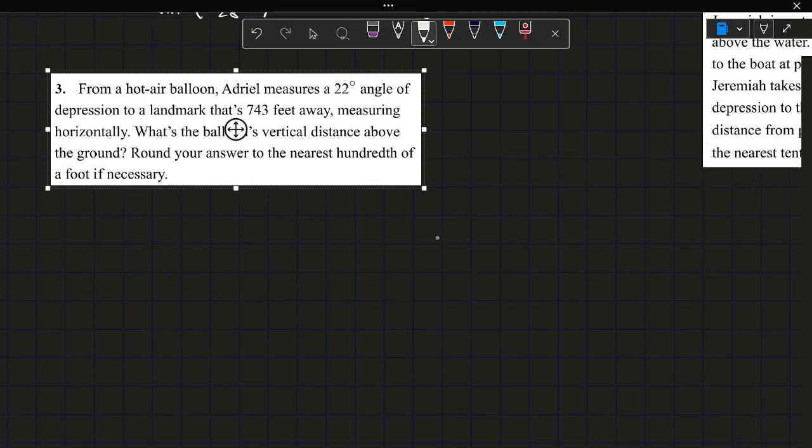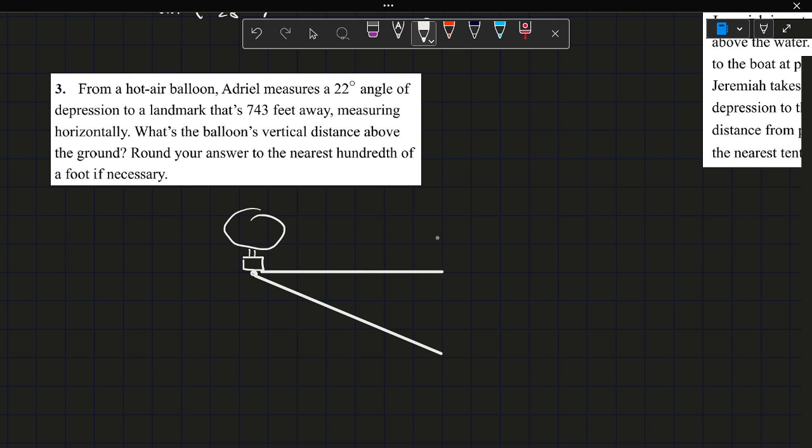So it says from a hot air balloon. Let's just say this is a hot air balloon. There's a 22-degree angle of depression, so it's going to go from here to a point. This is your horizontal line, because we're thinking about the air balloon as your viewpoint.